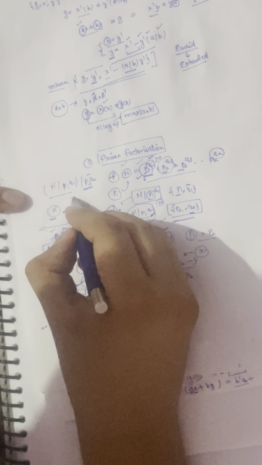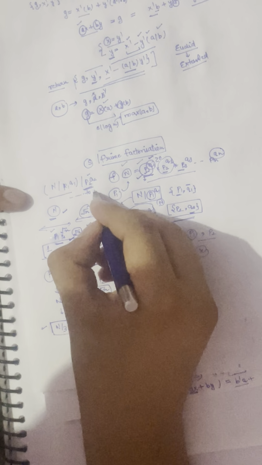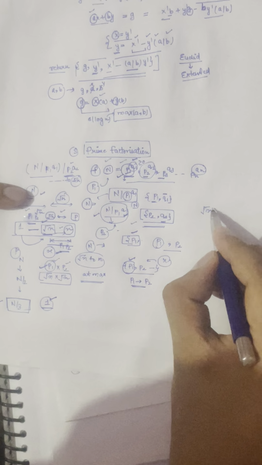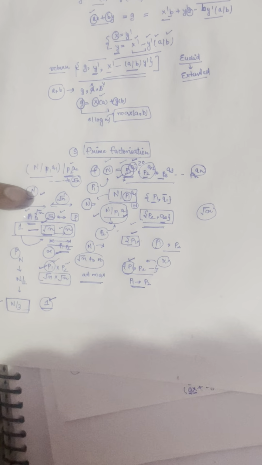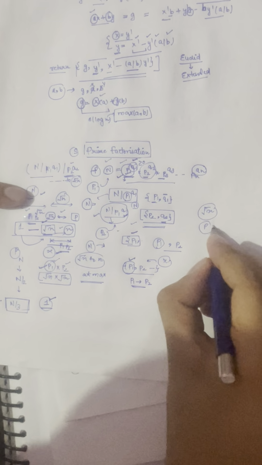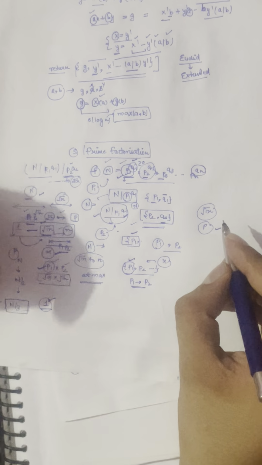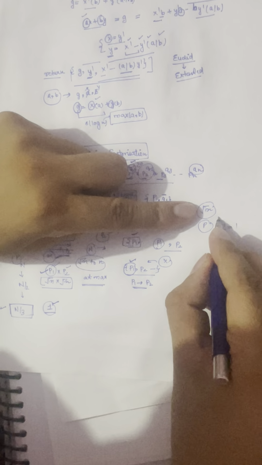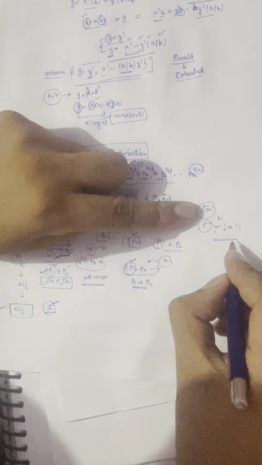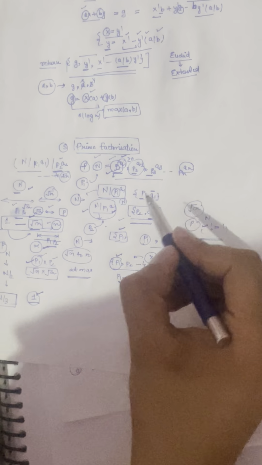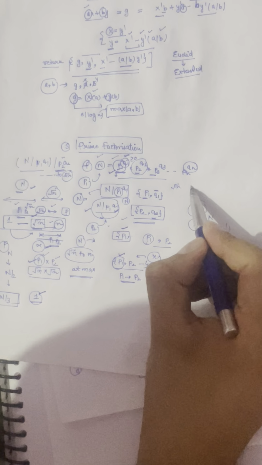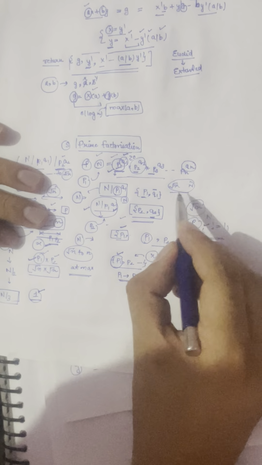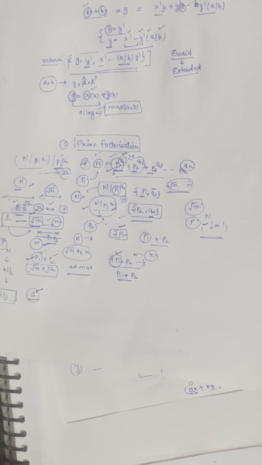And by doing this up to root n, in the worst case we might go to root n, and at last, whatever the number we have reduced, if it is not equal to 1, then that's the last prime factor lying in this range, root n to n, because there could not be two prime numbers lying in this range, as their product itself will exceed n.